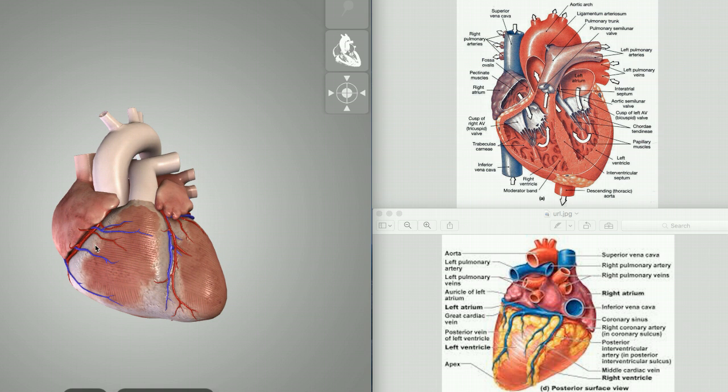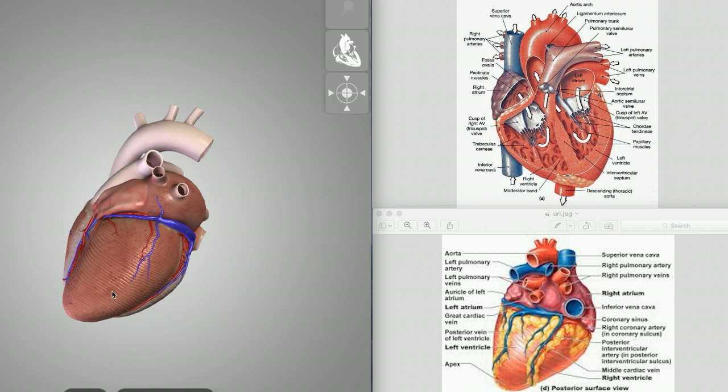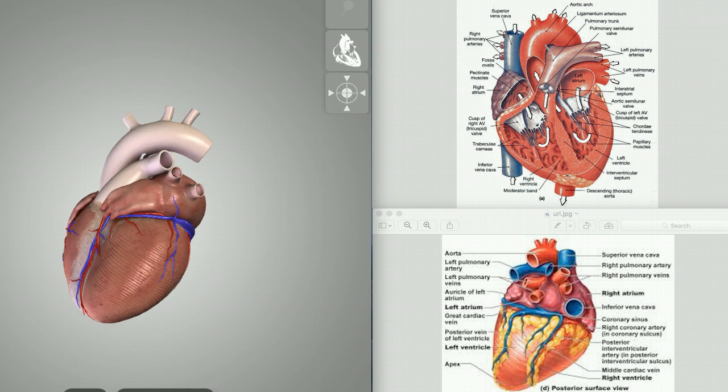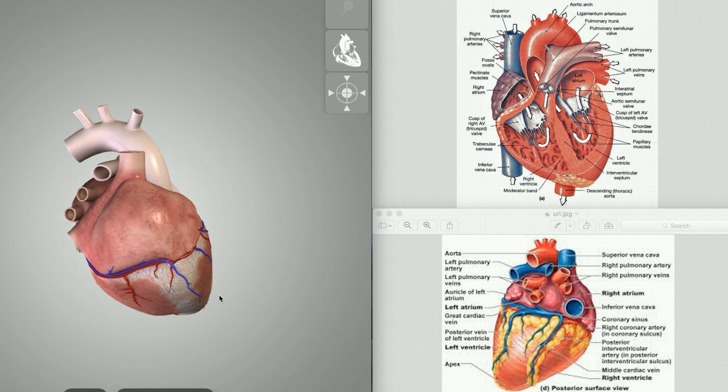In the front over here, if this is the right atrium, then clearly this has to be the right ventricle. Towards this side, this reddish bit here, is the right ventricle, and this bit here is the left ventricle shown on this side, and then the right ventricle is all of this side.